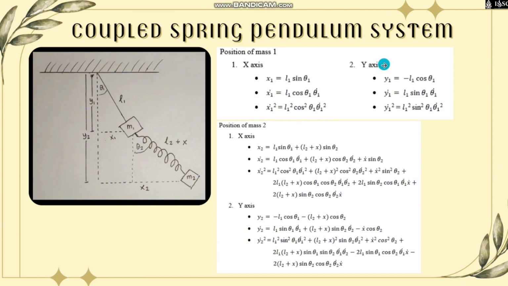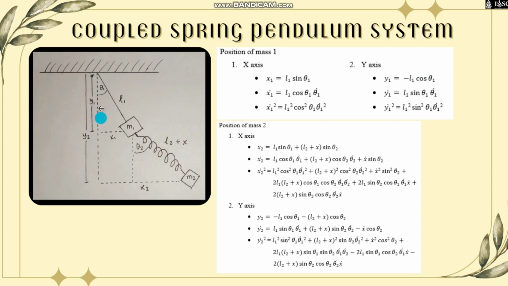For the y-axis, y1 is equal to minus L1 cos theta. Why is it minus? It is because the position of y is below the coordinate origin, so it becomes minus L1 cos theta.